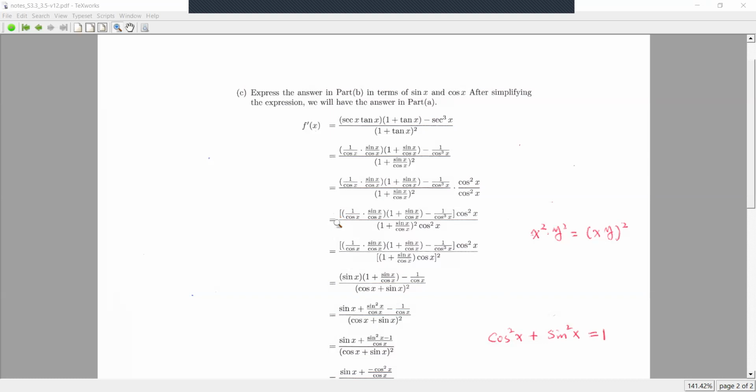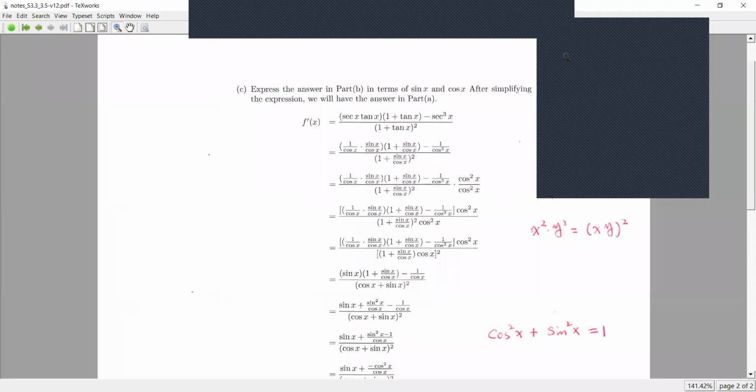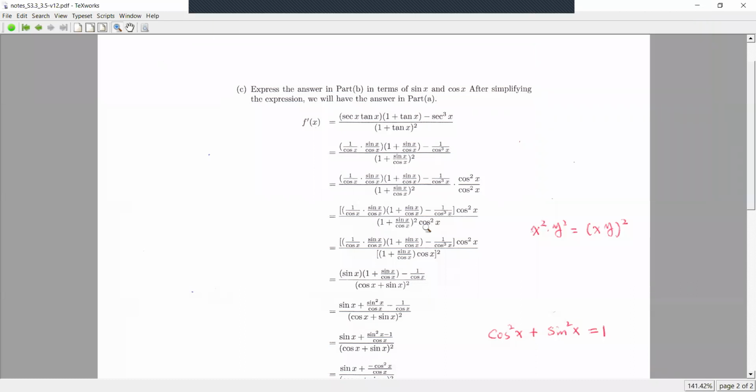Then we get this equation. Write the product here as this by this formula. Then distribute cosine to 1, cosine to sine over cosine. Then this denominator is cosine plus sine squared.